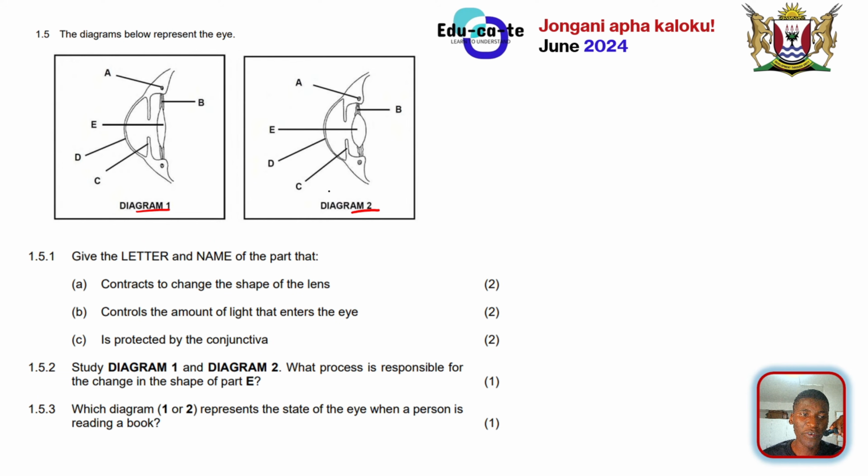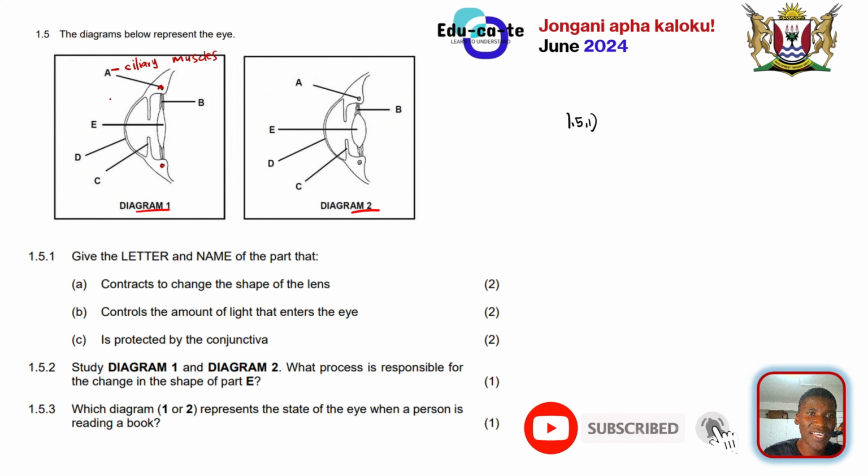So now 1.5.1. Here we can do a couple of labels before continuing so that it is going to be much easier. Starting with A, it is just a dot found on top here, and that dot represents the ciliary muscles. Remember, they're found at the end of the choroid.